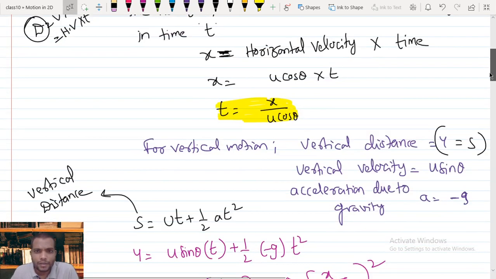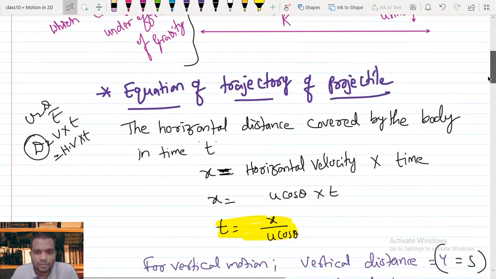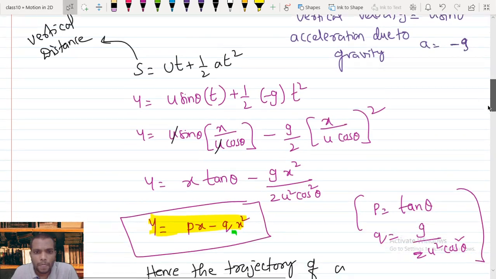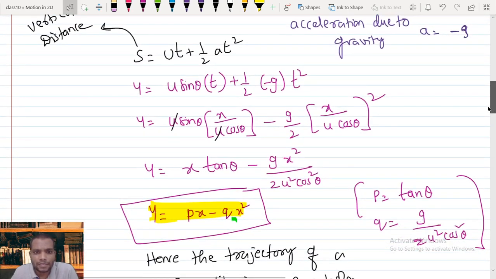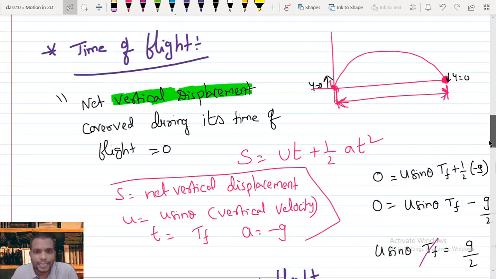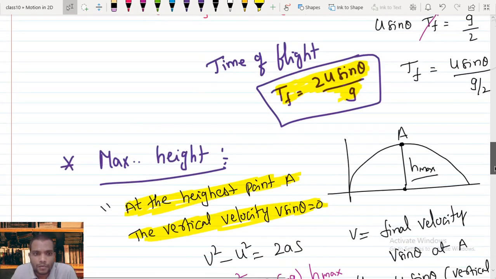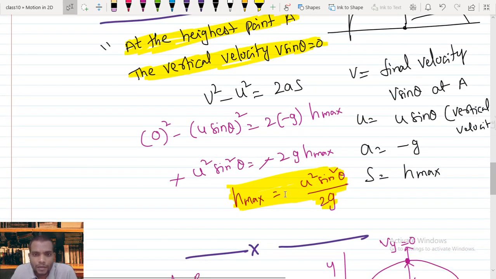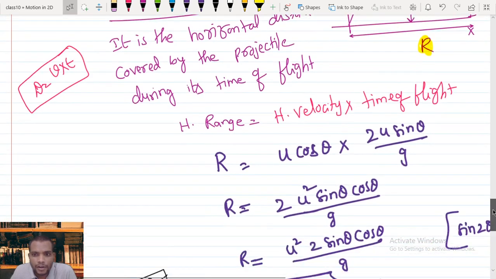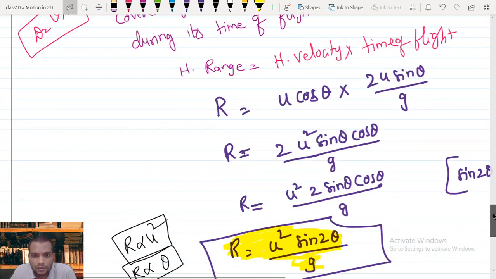We derived the projectile equation, which gives a parabola, y equals px minus qx square. Next we derived the time of flight, t f equals 2u sin theta upon g, and the maximum height, h max equals u square sin square theta upon 2g. And finally the horizontal range, R equals u square sin 2 theta upon g.